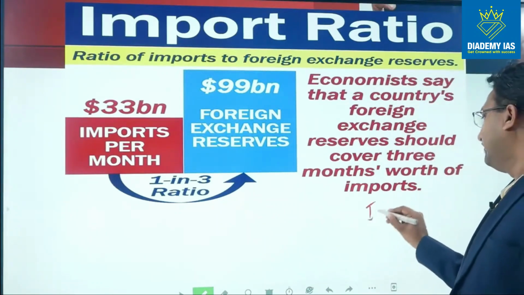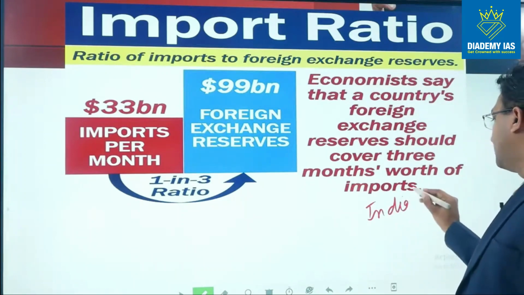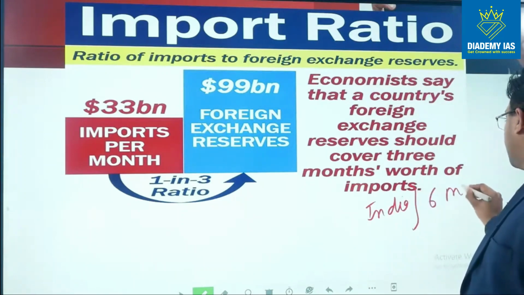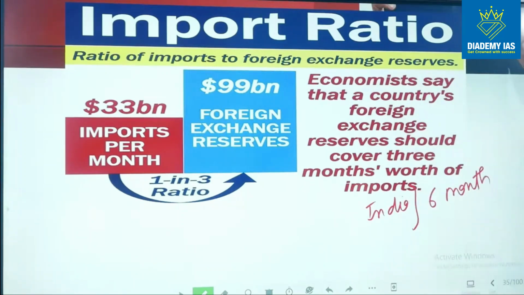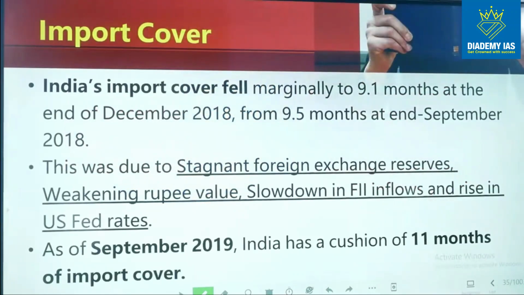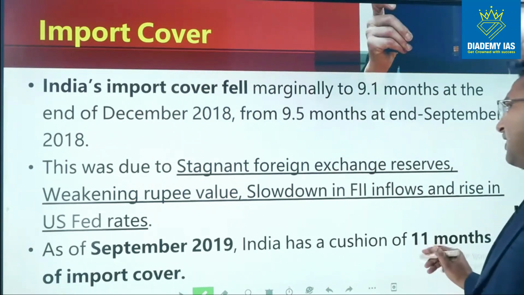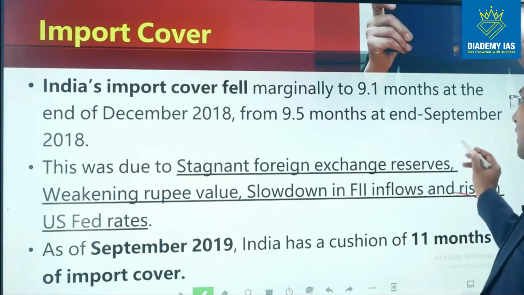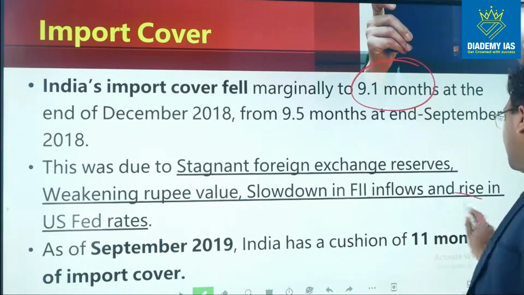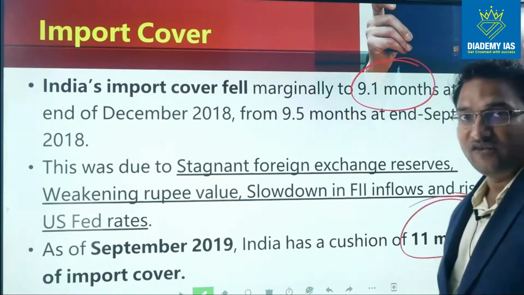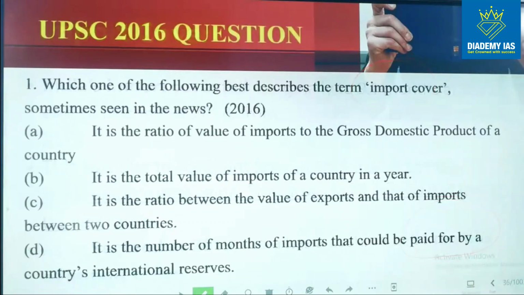In India, we follow 6 month standard as a tradition. India's import cover fell marginally to 9.1 month at the end of December 18 from 9.5 month. So the purpose of this slide is that you can see that our average is around between 9 months to 11 months. So we are very much safe. We are very much safe because we are having more than 6 months.